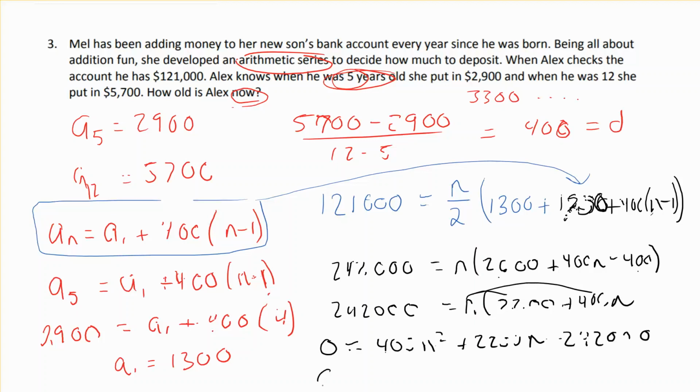And then if I use the quadratic formula on that, I get n equals 22 or n equals negative 27.5, which doesn't make sense. So for my quadratic formula, Alex must be in his 22nd year.